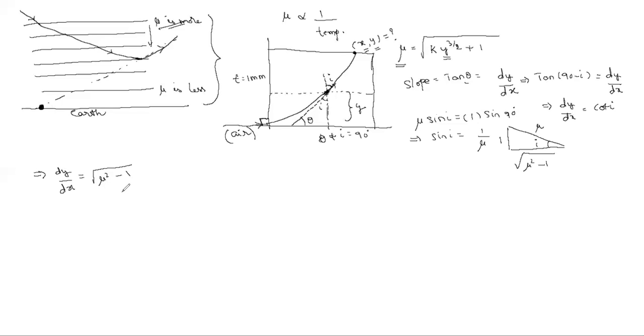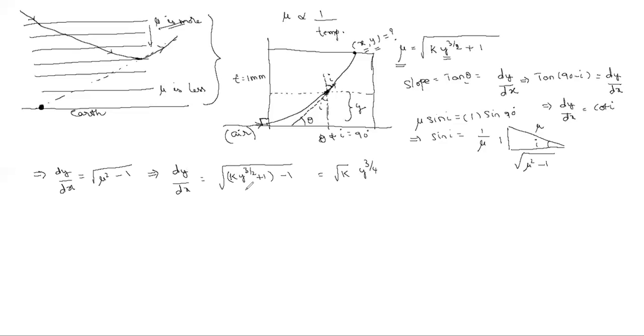So here substitute the square root of mu square minus 1. Mu square is k y power 3 by 2 plus 1, whole square. Mu square minus 1 means you are getting root k into y power 3 by 4.